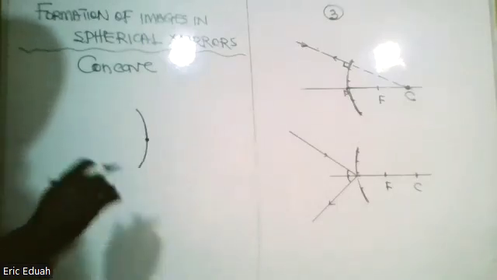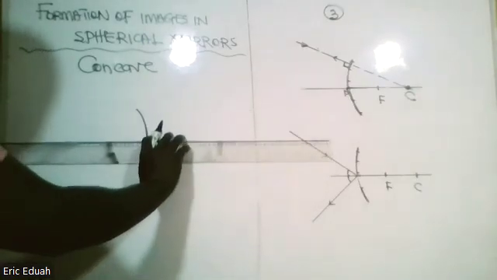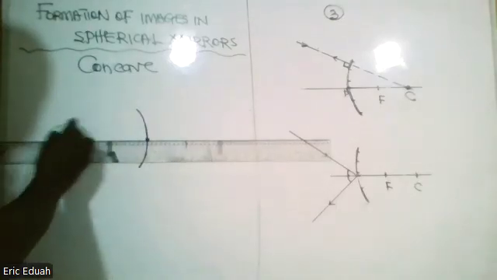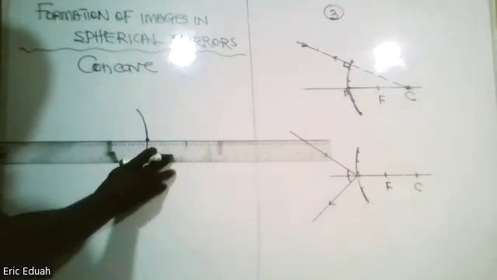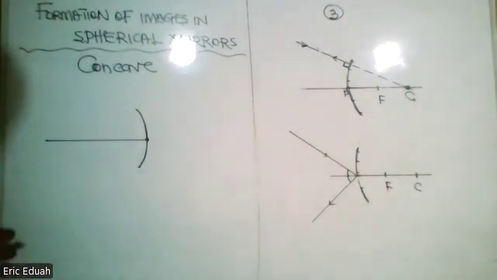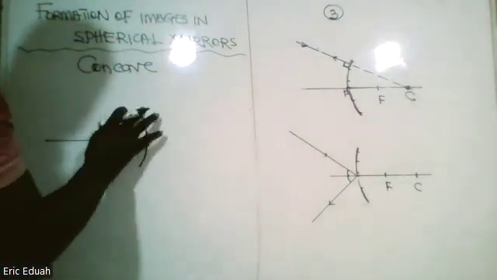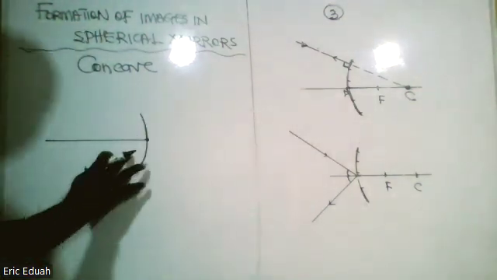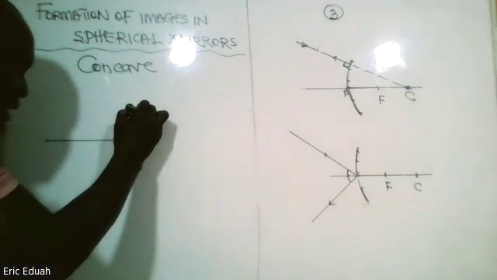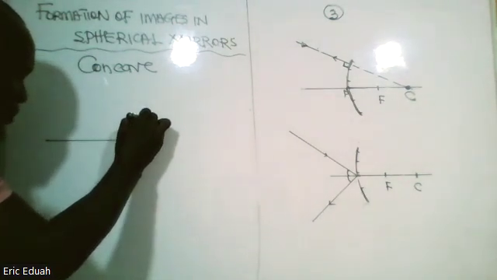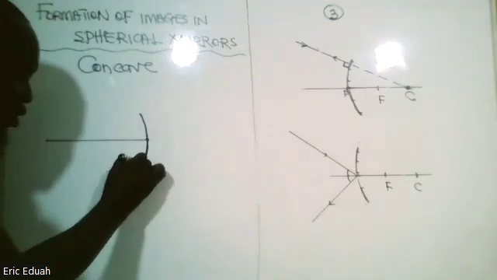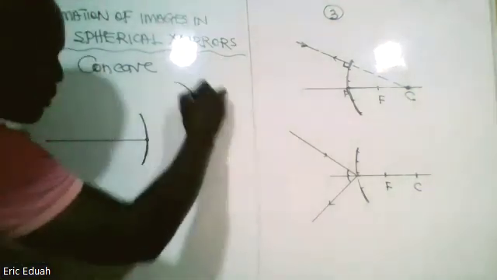So this is the pole. I'm going to draw the principal axis. Now, we don't draw mirrors with a very large aperture. Practically, mirrors used in the lab have very small aperture. So you don't draw a mirror like this.